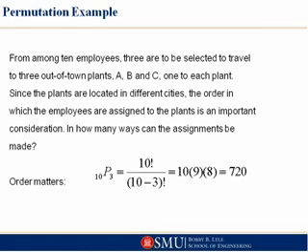Those are counted as 2 different triplets because in the first one, I have employee 1 going to plant A, employee 2 going to plant B, employee 3 going to plant C, and I care about which plants they're going to. So with employee 3, 2, 1, employee 3 is going to A, employee 2 is still going to B, and employee 1 is going to plant C. Those are considered 2 different arrangements for where I'm sending employees.